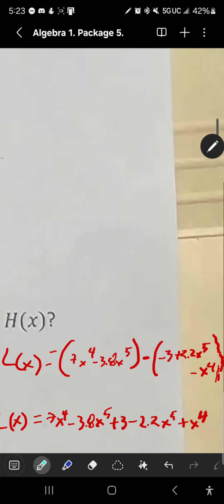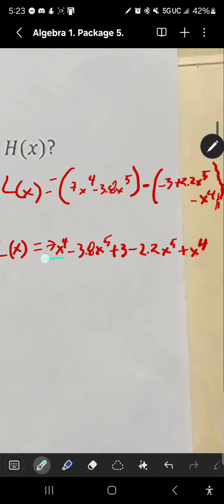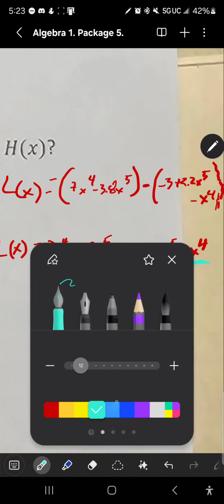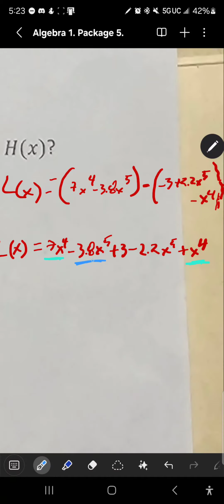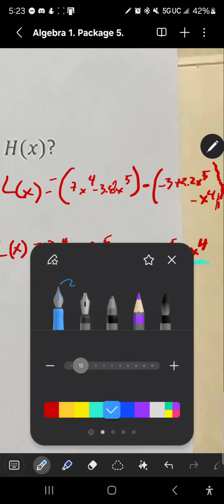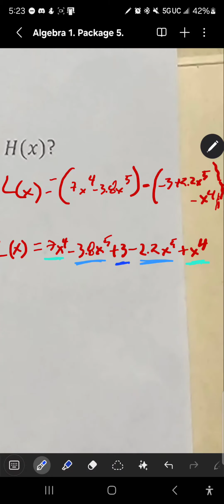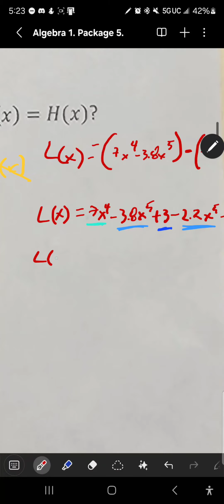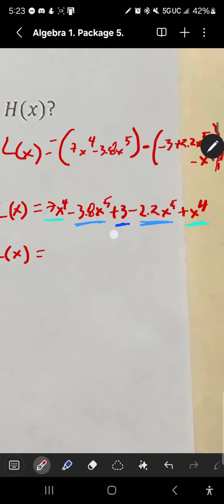Now let's look for like terms. I see an x to the 4 here and an x to the 4 here, and an x to the 5 here and an x to the 5 here. So we have l(x) equal to minus 3.8x to the 5 minus 2.2x to the 5.